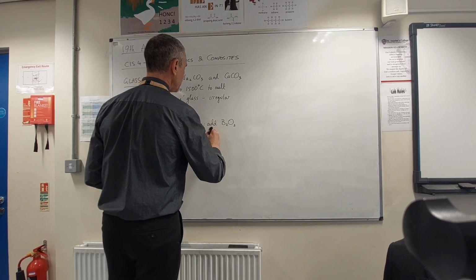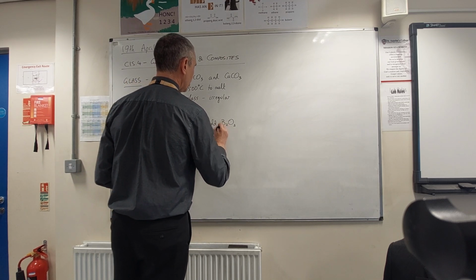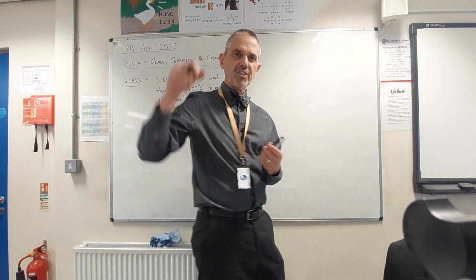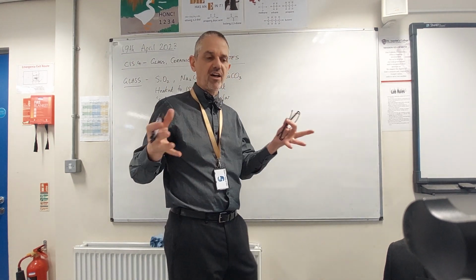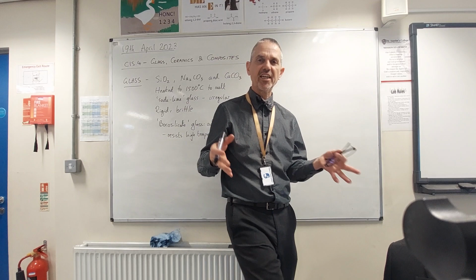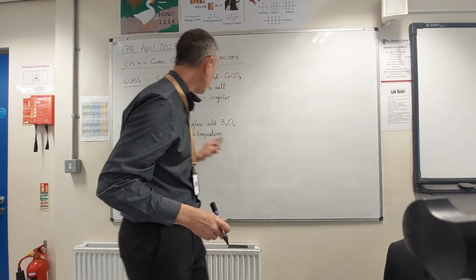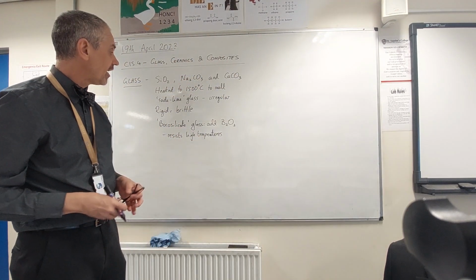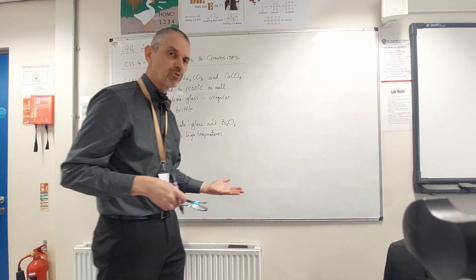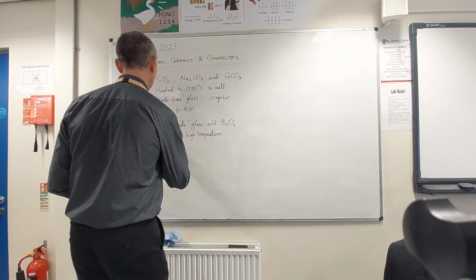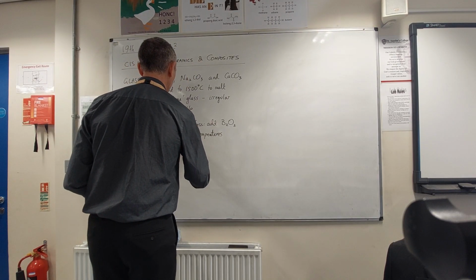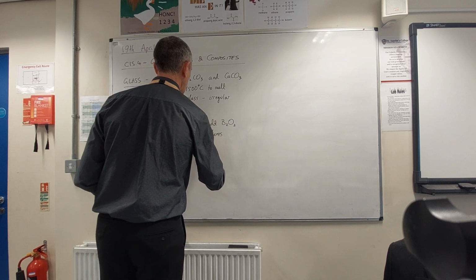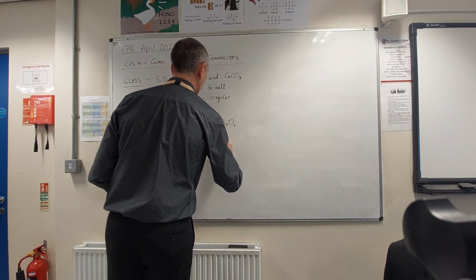So whenever you're using glass in the kitchen, if you've got one of those glass jugs you can pour boiling water into, or a glass tray you can put your lasagna in and put it in the oven, it'll be made of borosilicate glass. The boron oxide enables it to resist the high temperatures. Used in kitchens and laboratories. Okay.